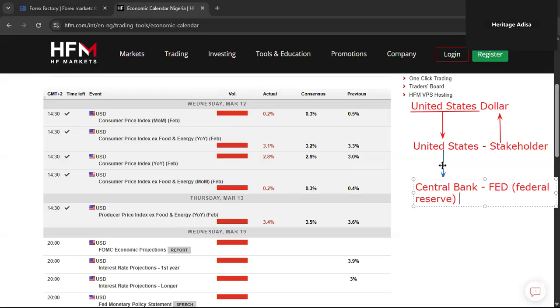Now, the Federal Reserve has been empowered to make policies to ensure stability of the value of the currency. So the central bank's major function is ensuring stability of an economy, and ensuring that the value of the currency is not just random or useless.